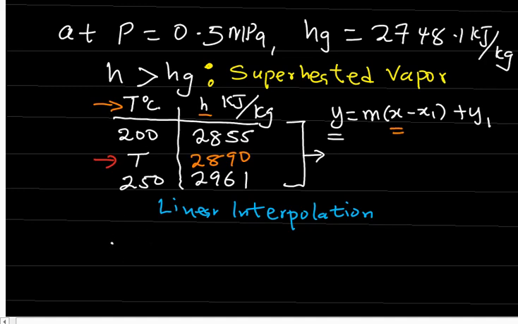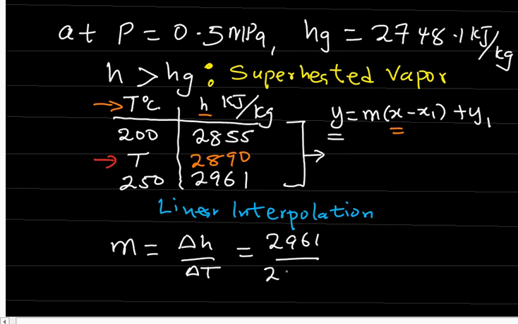In this case, the slope is going to be equal to change in h, delta h, all over delta t. So delta h is 2961 minus 2855, divided by the change in temperature, which is 250 minus 200.